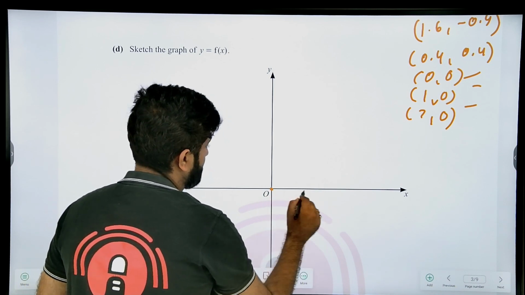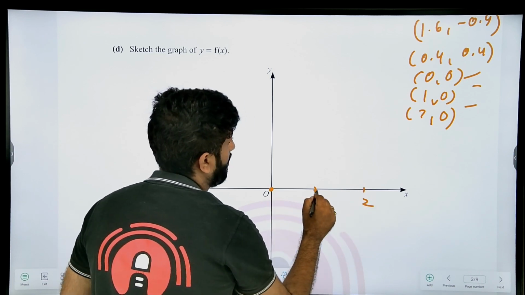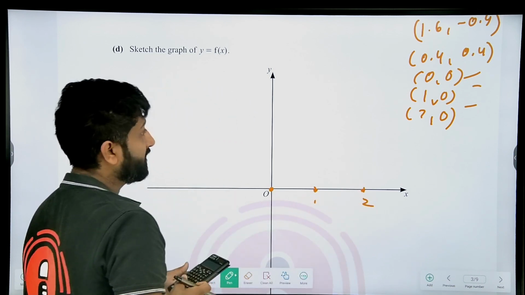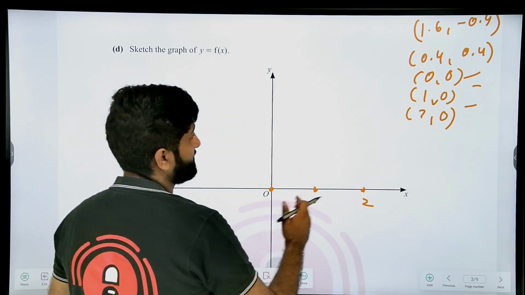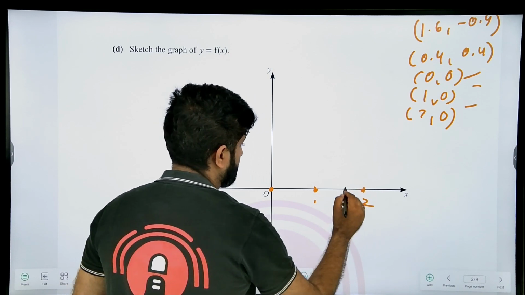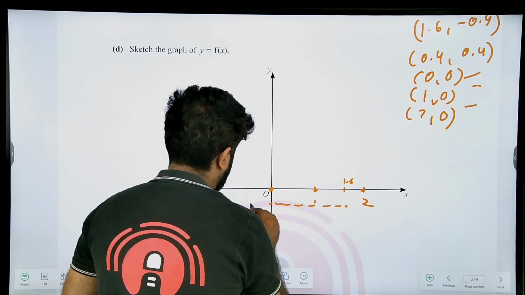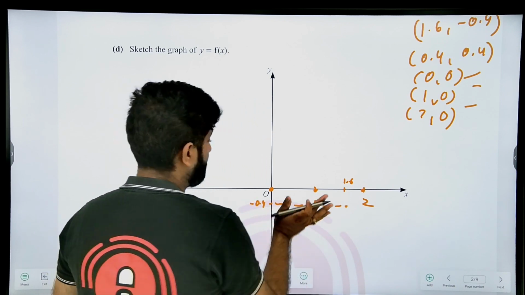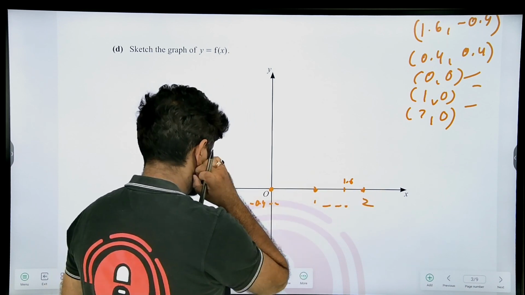Let's say this is my 0, this is 1 and this is 2. These are my turning points. Now at 1.6, which is somewhere between 1 and 2, I have negative 0.4. So when x is 1.6, the value of y is minus 0.4.